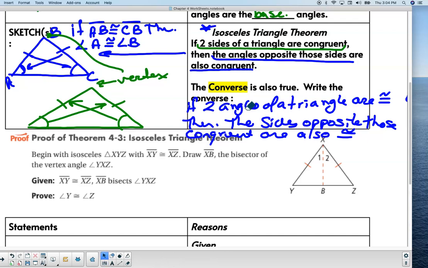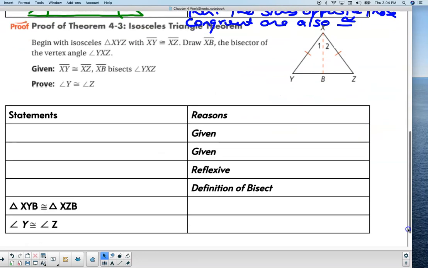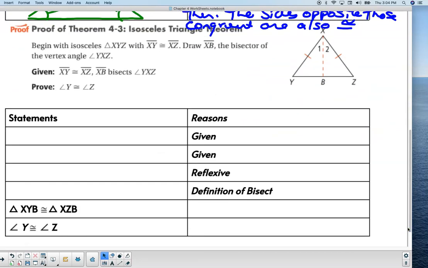So let's look at this next thing and look at this proof. There's a proof of theorem 4.3, the isosceles triangle theorem. We begin with an isosceles triangle XYZ with segment XY congruent to segment XZ. So XY and XZ are given congruent.